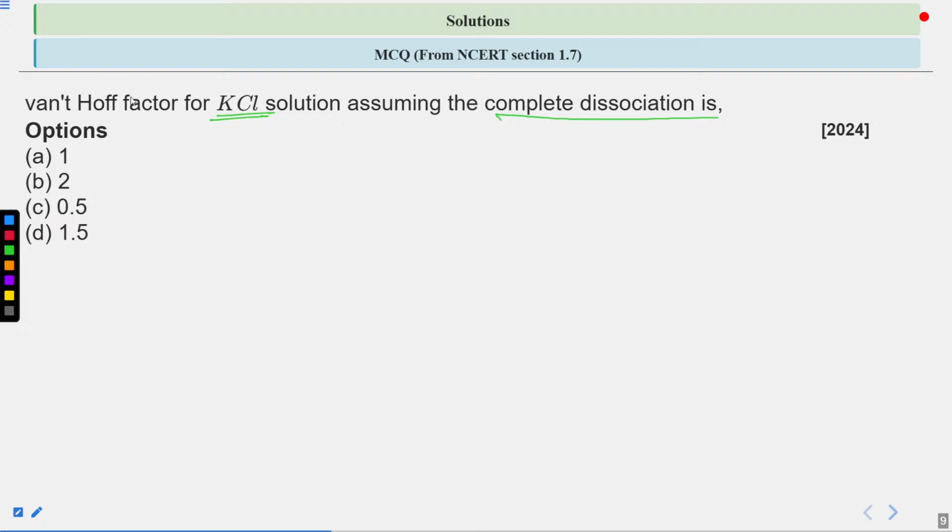So you have to tell the Van 't Hoff factor for a KCl solution, and before calculating it, assume that complete dissociation happens. This question was in the CBSE examination in 2024. The four options given are 1, 2, 0.5 or 1.5.